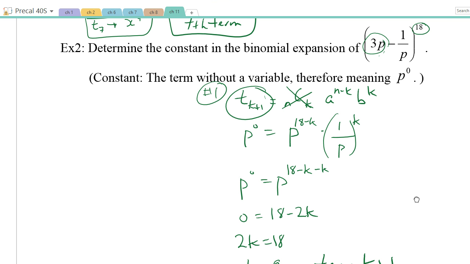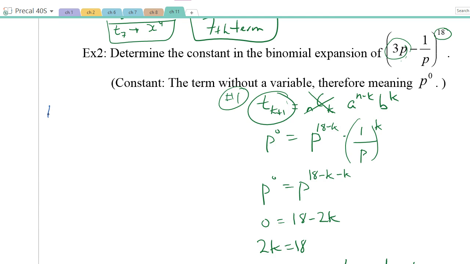So in method number 2, we'd say, okay, the first term would be this p to the 18th. Oh, maybe I'll just show the step in between. It'd be a to the 18th, b to the 0. T2 would be a to the 17th, b to the 1.